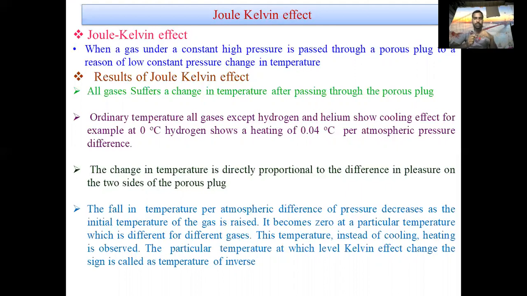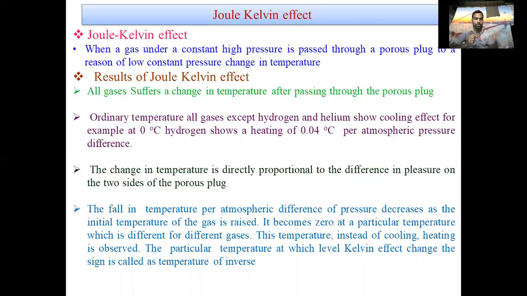Suppose we take one cylinder having two pistons. One chamber has a high pressure, the other has a low pressure. These two chambers are separated by a porous plug material.